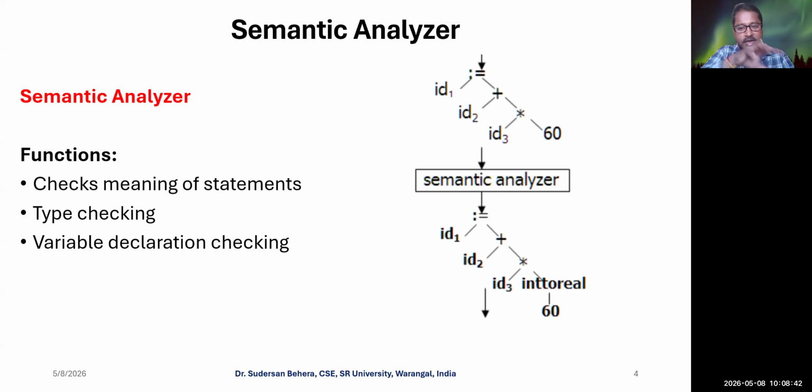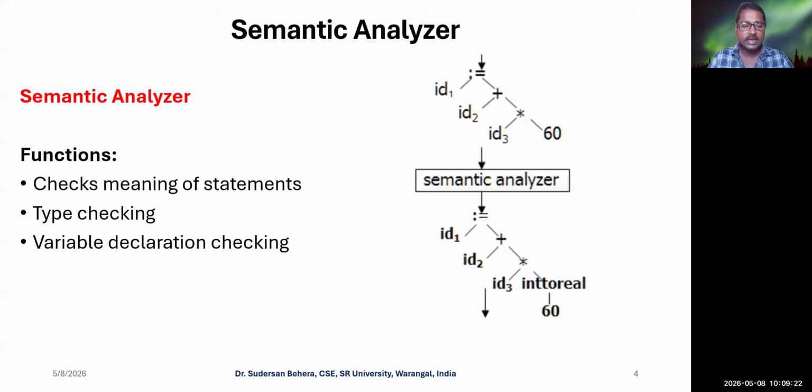The semantic analyzer, after scanning the entire tree, whenever required, performs some action, like it adds one operator, and it converts the integer constant to a floating point constant if required, and then it finally produces the same tree with some decoration, and that tree is known as the abstract syntax tree. Previously, it was a syntax tree, the output of the syntax analyzer. Now the output of the semantic analyzer is known as the abstract syntax tree.